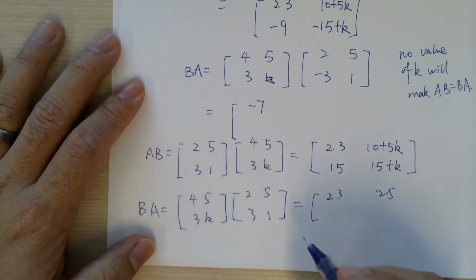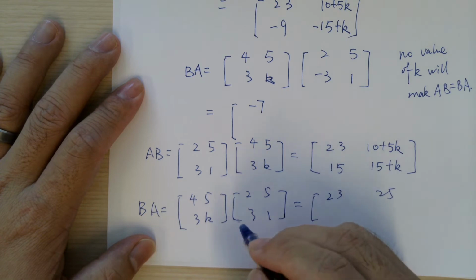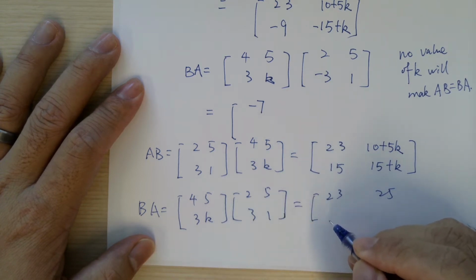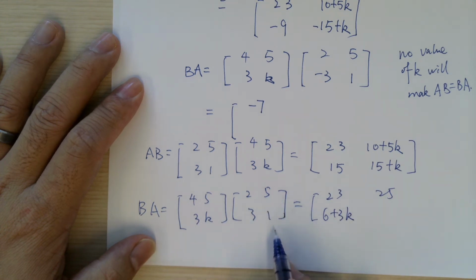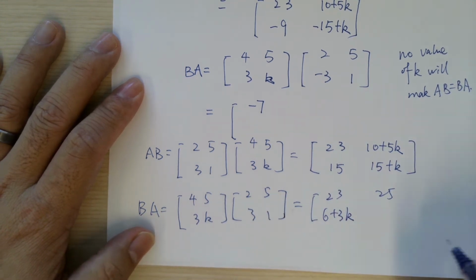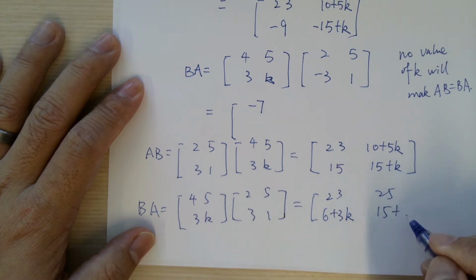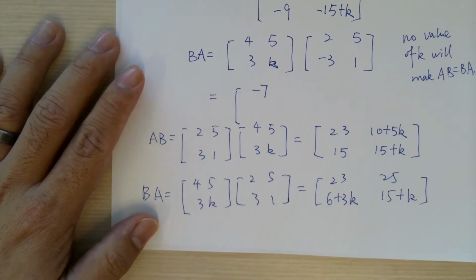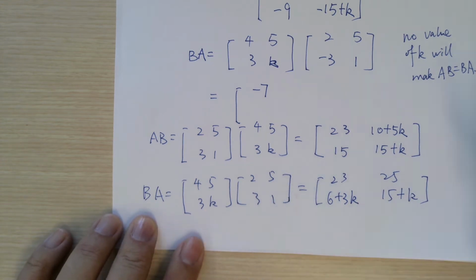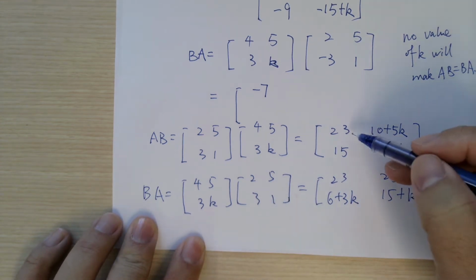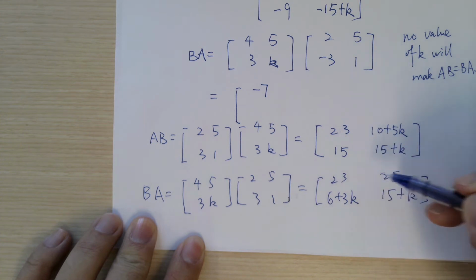The next entry gives you 6 plus 3k, right? And then this times this one gives you 15 plus k.